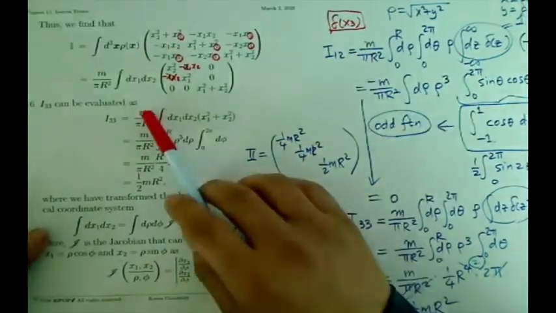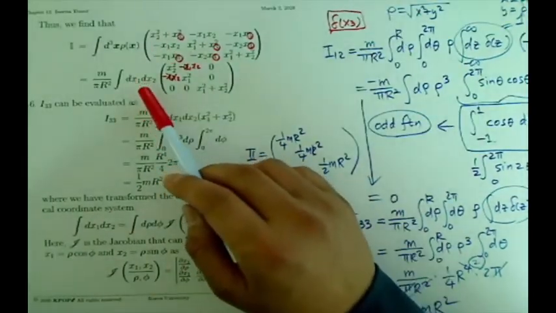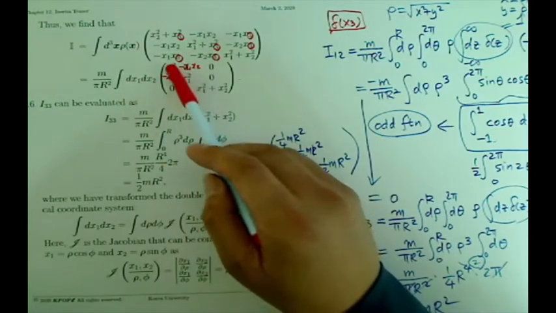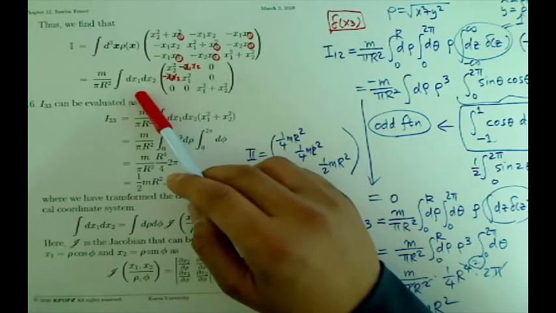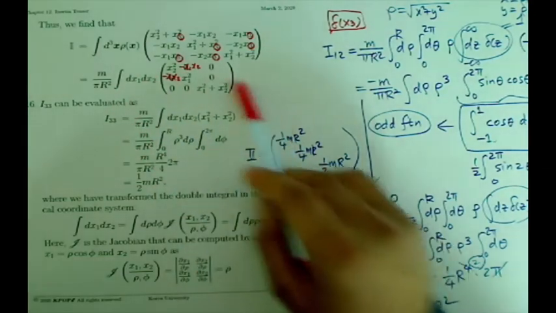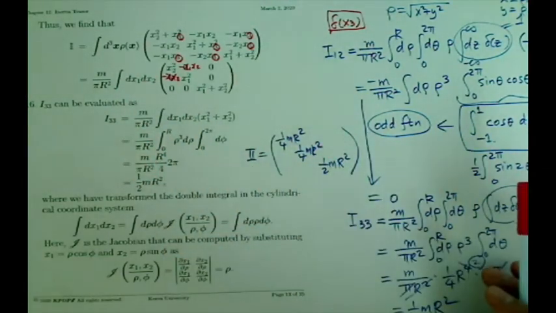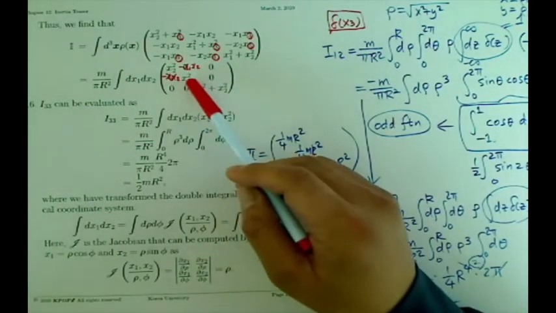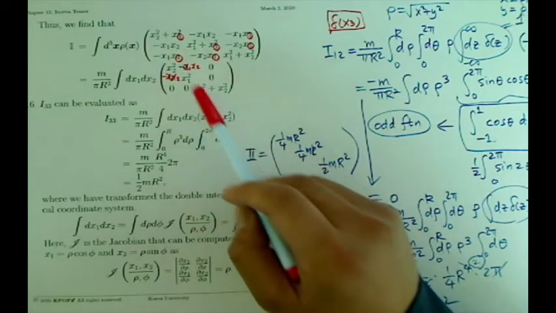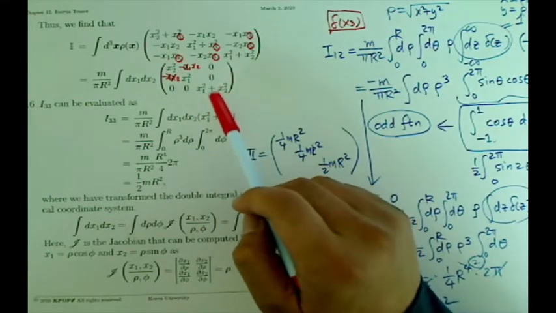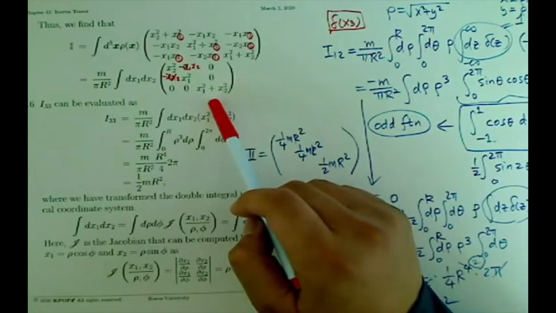In addition, we find this integral and this integral are the same, because x1 and x2 are symmetric on exchange, because this disk doesn't change its own shape under the rotation about the z-axis. Therefore, this value and this value should be the same. In addition, the sum of these two will be the same as this. That is called the perpendicular axis theorem.